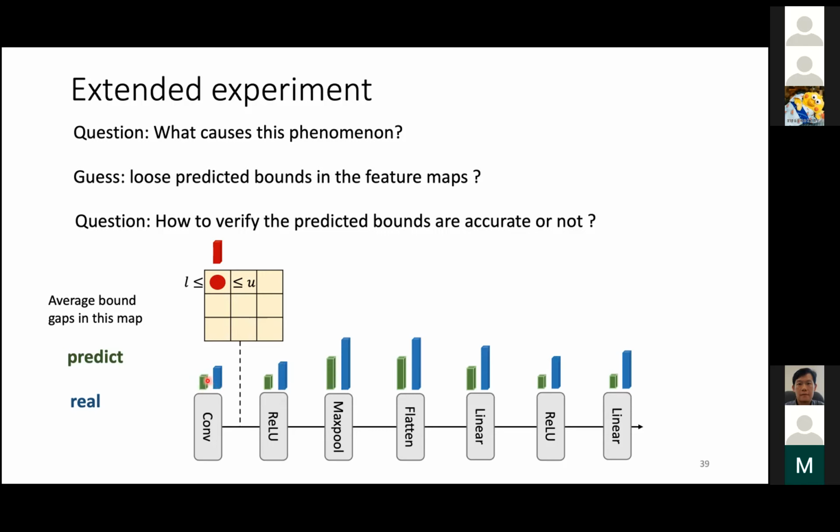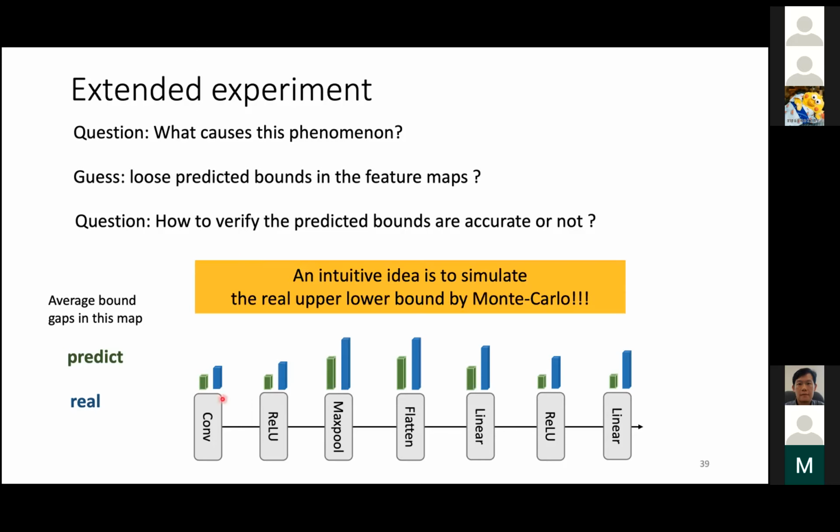If the gap is larger, it verifies that our predicted bound is inaccurate. So here is another question: how do we get this blue bar? Because these are the real upper and lower bounds, and actually we don't know them.